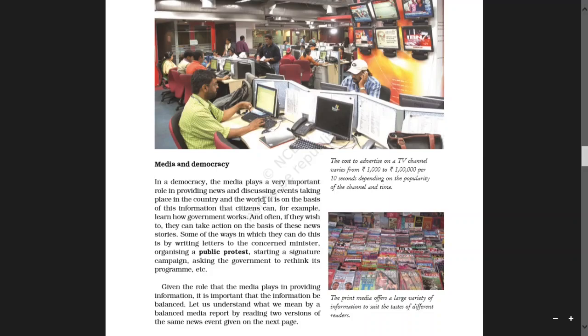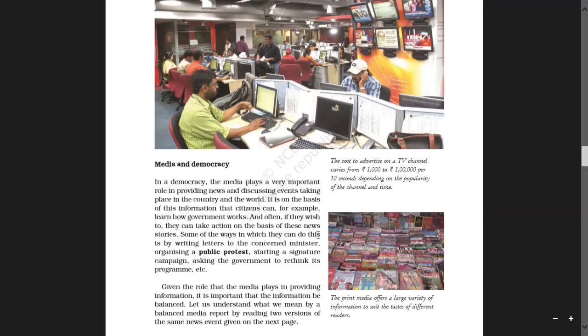It is on the basis of this information given to us by the media that citizens can, for example, learn how the government is functioning, and often, if they wish to, they can take action on the basis of these news stories.